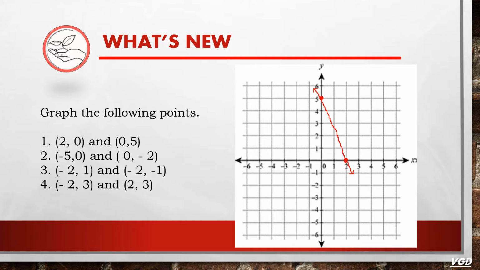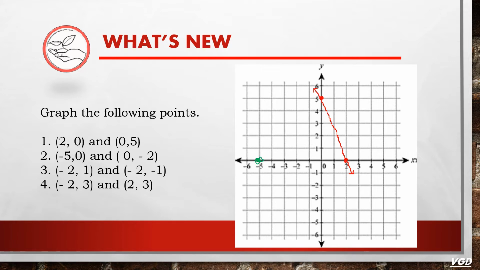And this time we're going to plot number 2, (-5, 0). The negative 5 is here for the x. And the 0, since there is no value, we stay on the x-axis, which is negative 5. So that's the point.